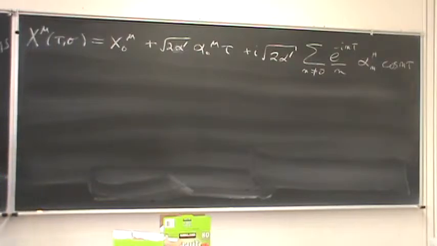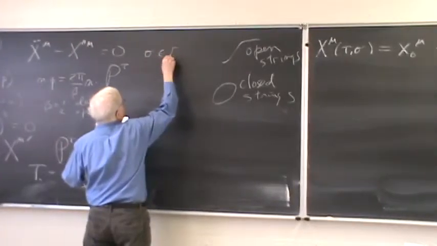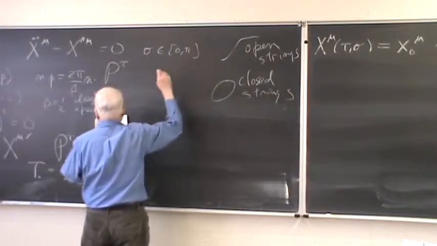So let me just remind you that an open string looks like that. For closed strings, they look like that. When sigma is 2 pi, I forgot to mention that we're now considering sigma to be 0 to pi, so I shouldn't have said 2 pi.